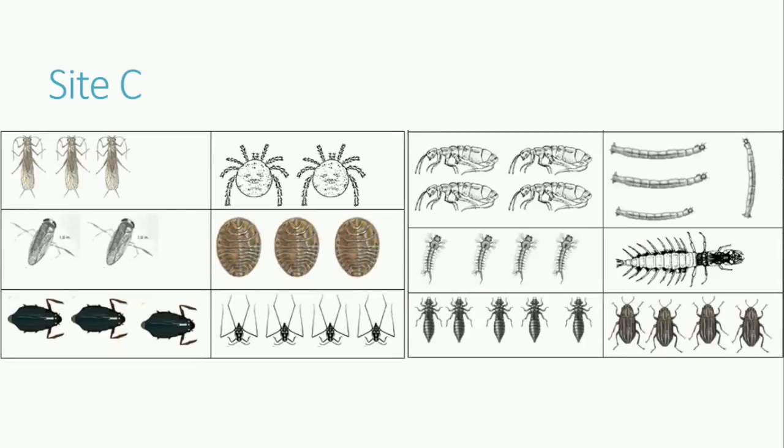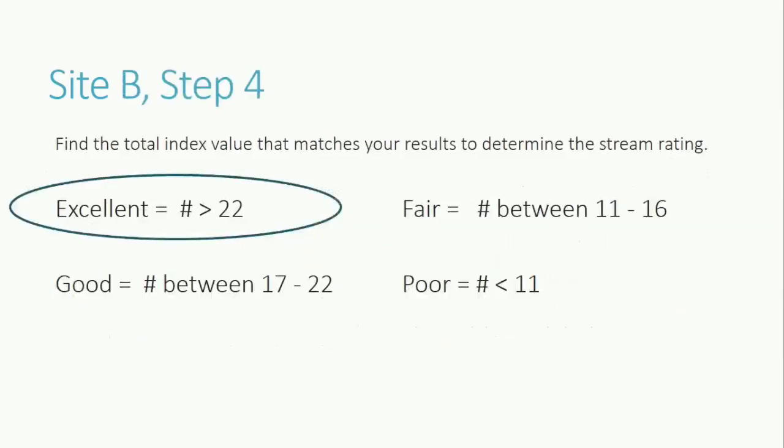Pause the video now to complete your calculations. Site C had a score of 24, meaning it has a stream rating of excellent. This stream is very healthy and able to support many sensitive species, but it can also support somewhat sensitive and tolerant species.